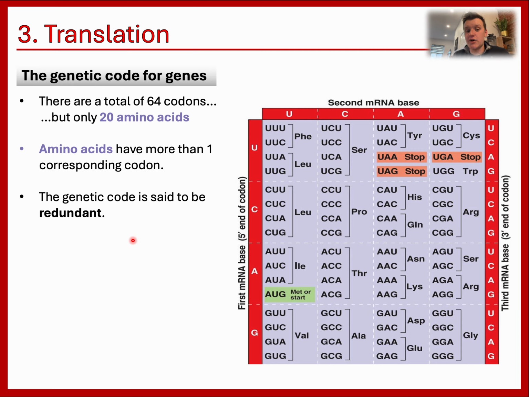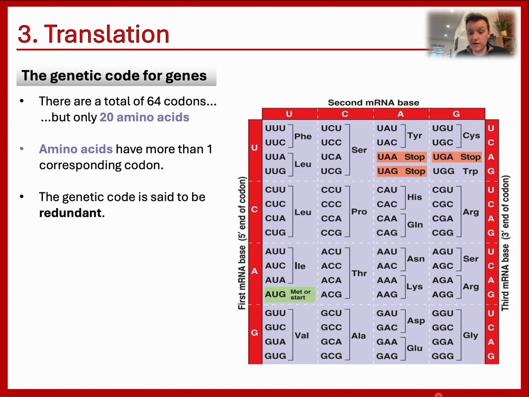Now, the genetic code for genes. This is a scary chart, but it's quite easy to read. There are a total of 64 codons. Remember, we said that one codon would make an amino acid. So UUU makes the amino acid phenylalanine, CCC will make proline.